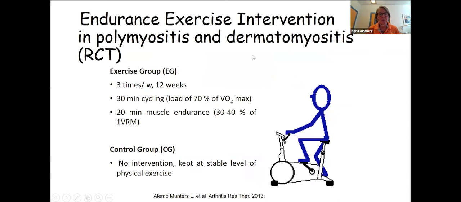And here I just present the results of one controlled trial that we performed in patients with polymyositis and dermatomyositis that included biking at a load of 70% of their VO2 max in combination with muscle endurance training in different muscle groups. The patients did this for 12 weeks, 3 times a week under the supervision of a physiotherapist. And then we had a control group with myositis patients who continued the level of exercise they had done before.